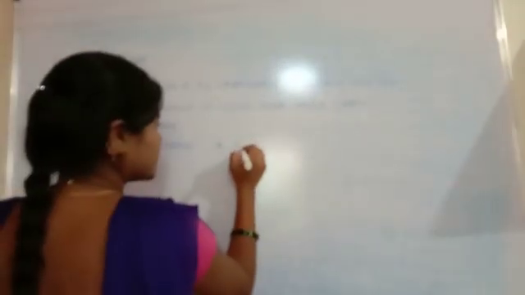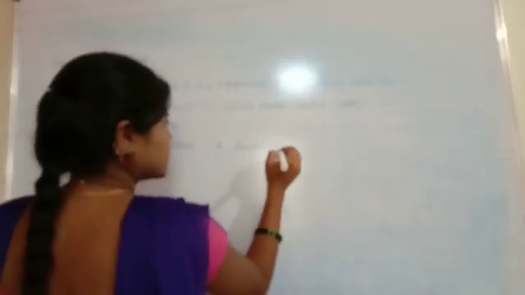So if Z is the number of protons, then A minus Z is the number of neutrons.